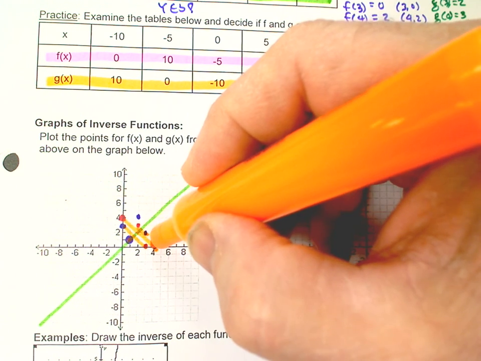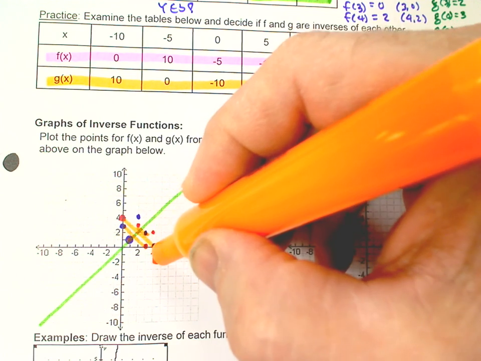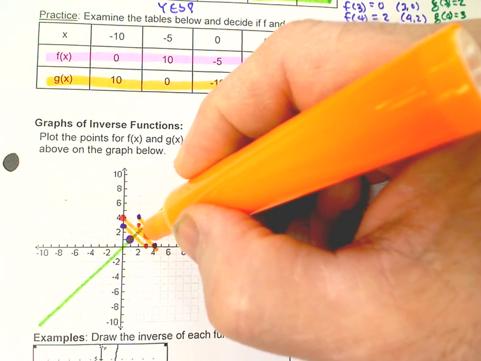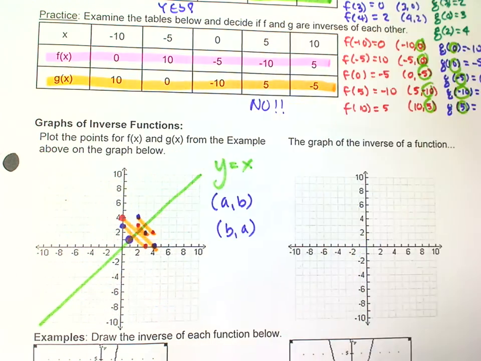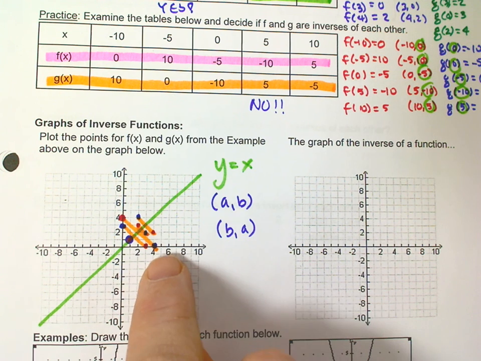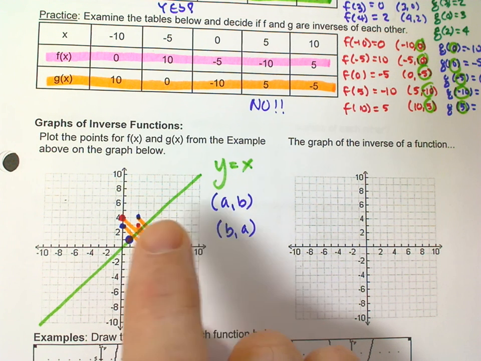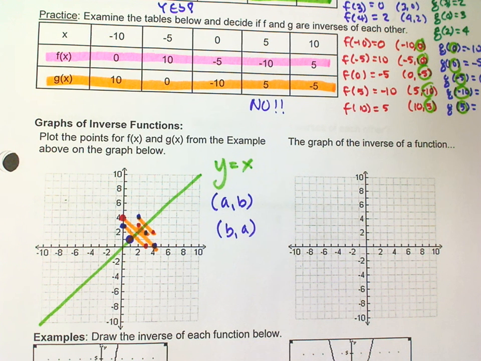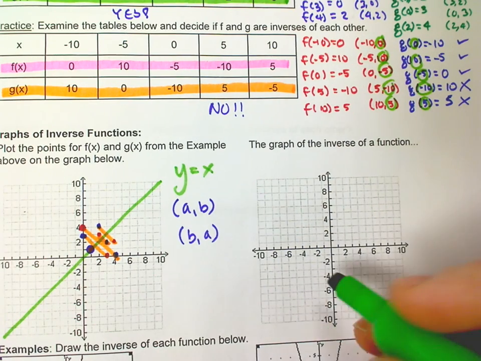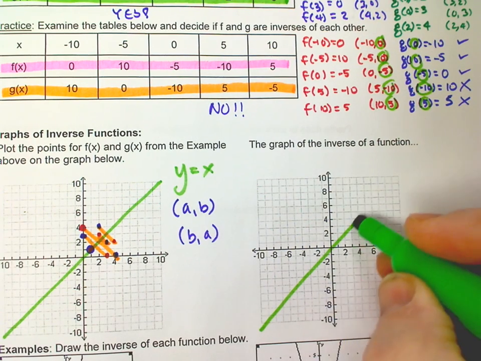And our last set of points were 4, 2 and 2, 4. You'll see on one side is a blue one, which corresponds to our g of x function. On the other side is a red one, which corresponds to our f of x function. Okay. Now, we won't do that for all of the ones for this second equation.